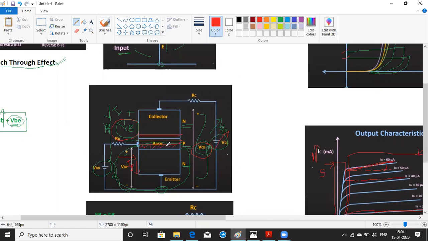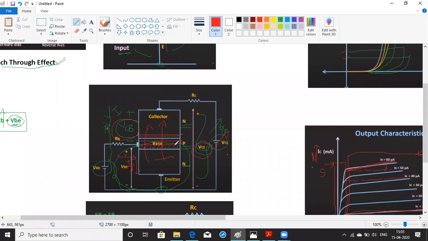Now it became narrow. Therefore, not just 95%, but 98% of the electrons available in this P region will jump to the collector region, because less recombination is taking place in the base region, since the width is very narrow.